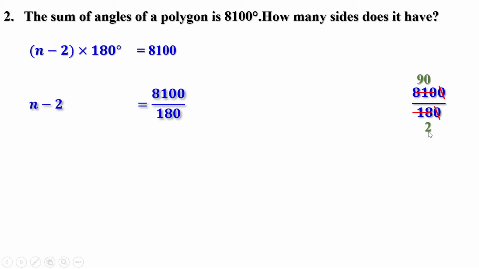Now 90 by 2 is 45. 1 two is 2 and 45 twos are 90. So dividing 8100 by 180 we get 45. That is, n minus 2 is 45. Taking minus 2 to the other side, we can write n equals 45 plus 2, or 47. n is 47. That means the number of sides is 47.